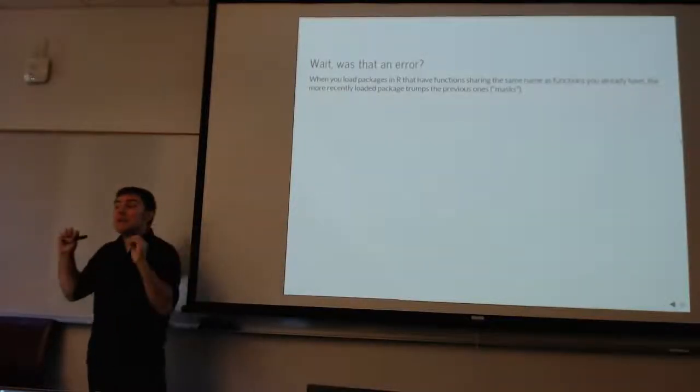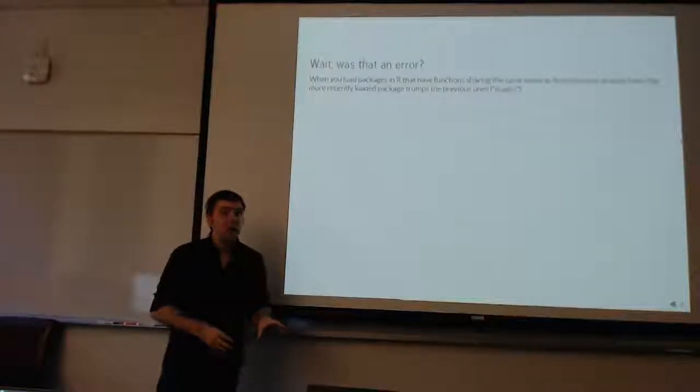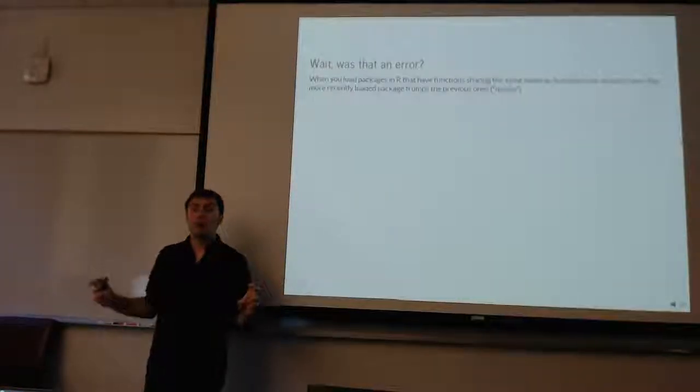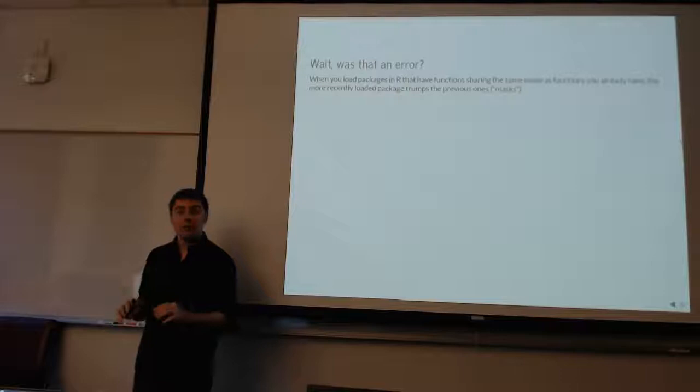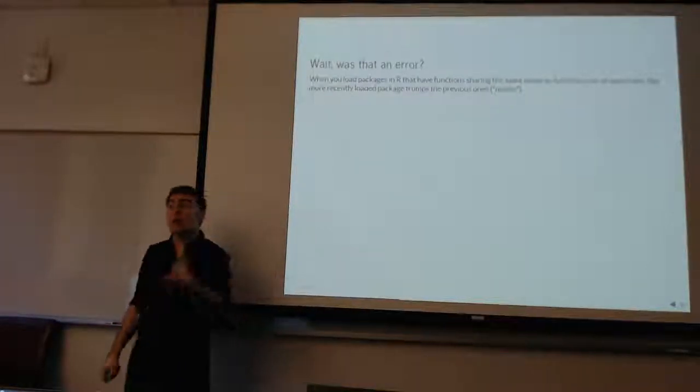The answer is no. Instead, R is letting you know when important things happen, and this could potentially be an important thing. What's going on here is that dplyr has loaded some functions that have the same name as functions that already exist in other R packages. So it masks over them. That means if you now type those commands, instead of referring to the ones that were originally loaded, it's going to load the dplyr versions.